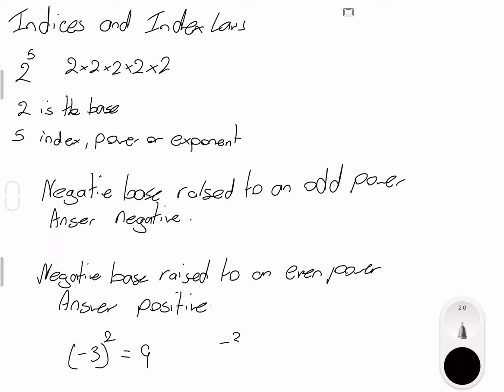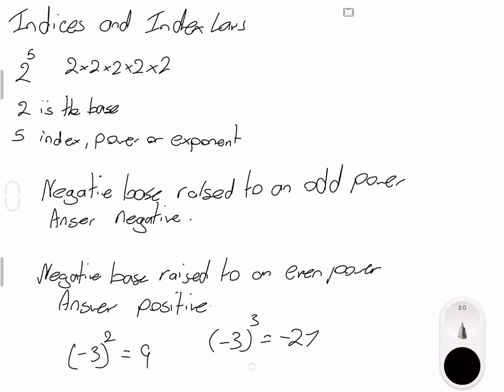But if I've got negative 3 to the power of 3, which is an odd power, let's work it out. We've got negative 3 times negative 3, which is 9. 9 times negative 3 is negative 27. So you can see it just goes back and forth between being a negative answer and a positive answer.